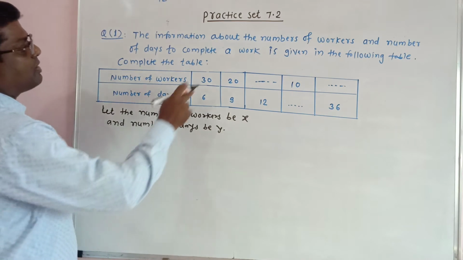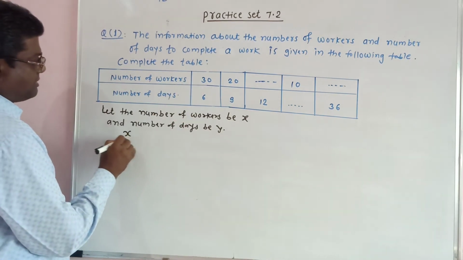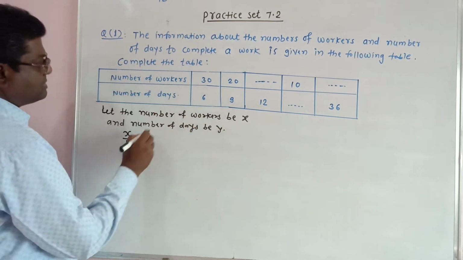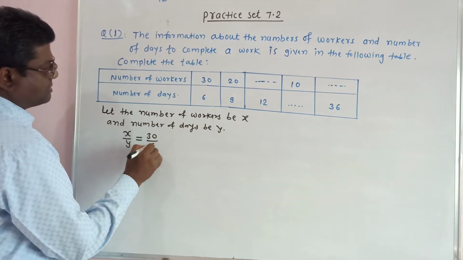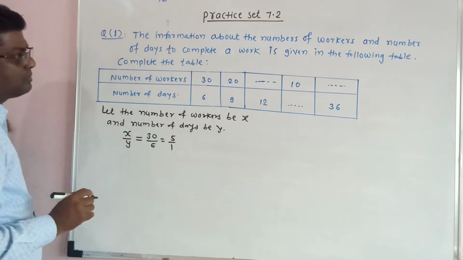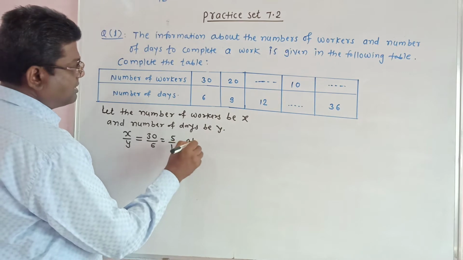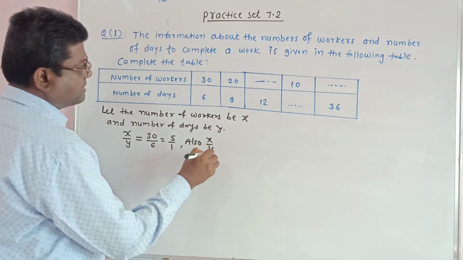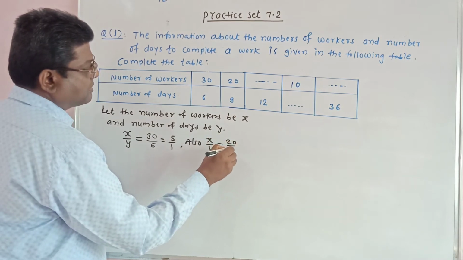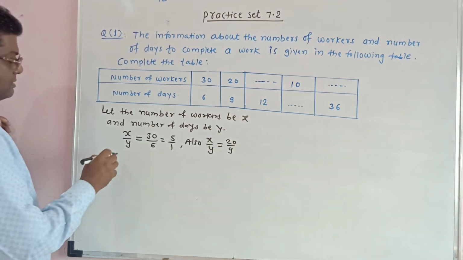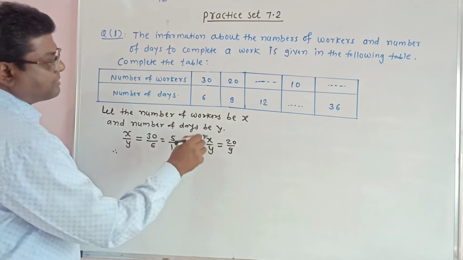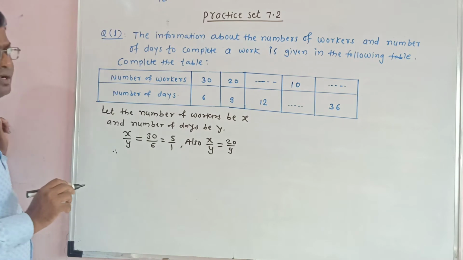Now take ratio of x upon y is equal to 30 upon 6. 6 5s are 30, that is 5 upon 1. Also x upon y is equal to 20 upon 9. Here x upon y is equal to 5 upon 1 and x upon y is equal to 20 upon 9.